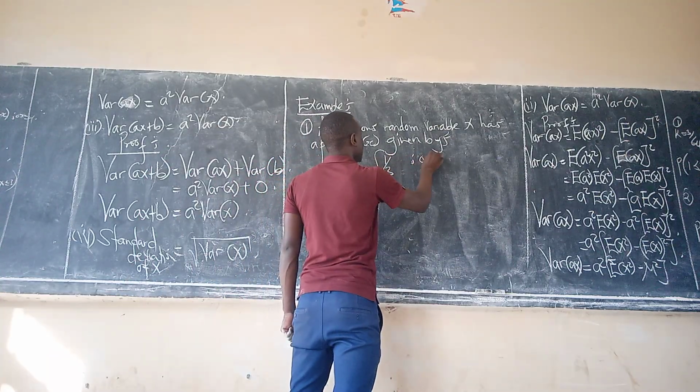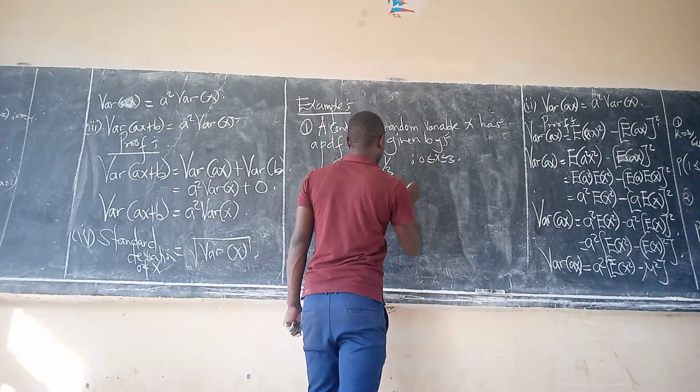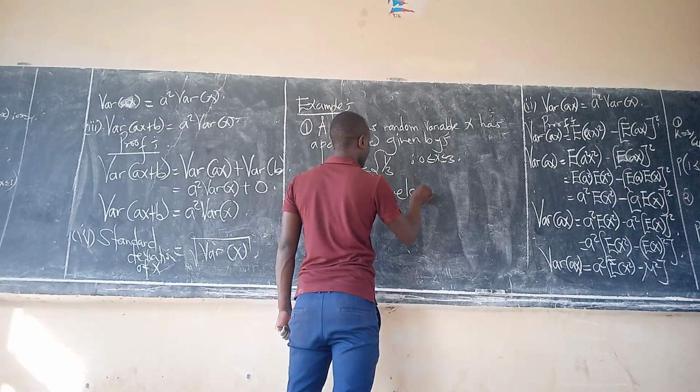This is when our x runs from 0 to 3 and it is 0 elsewhere.